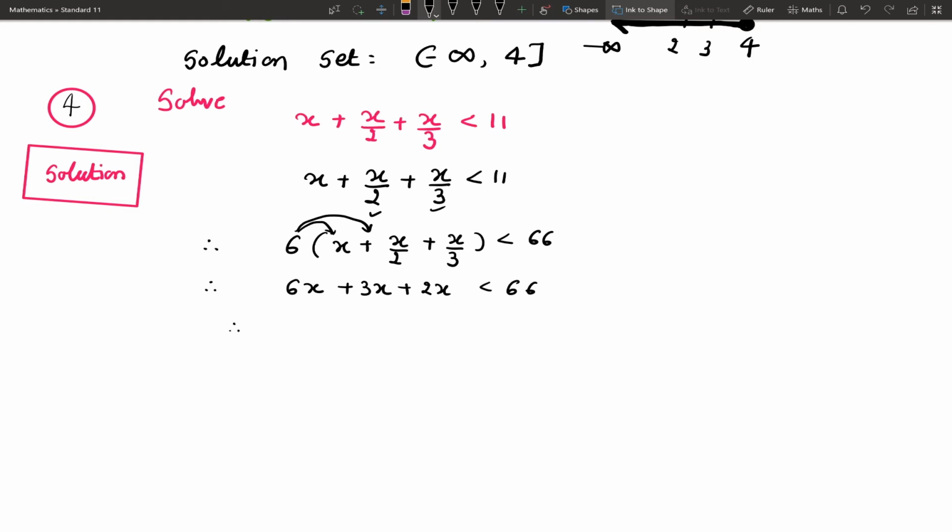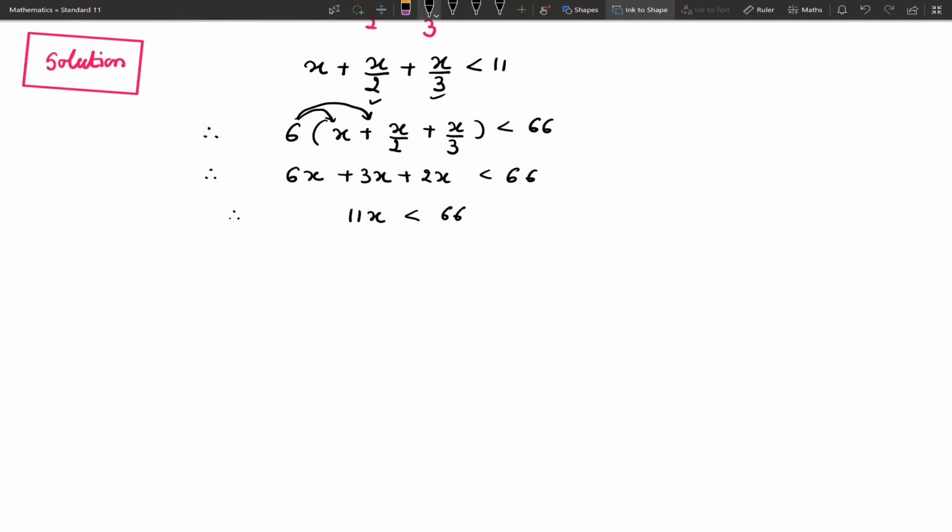Therefore 6 plus 3, 9 plus 2, 11x is less than 66. Divide by 11, since it is positive, so inequality will remain unchanged. So x less than 66 by 11, that is x less than 6.